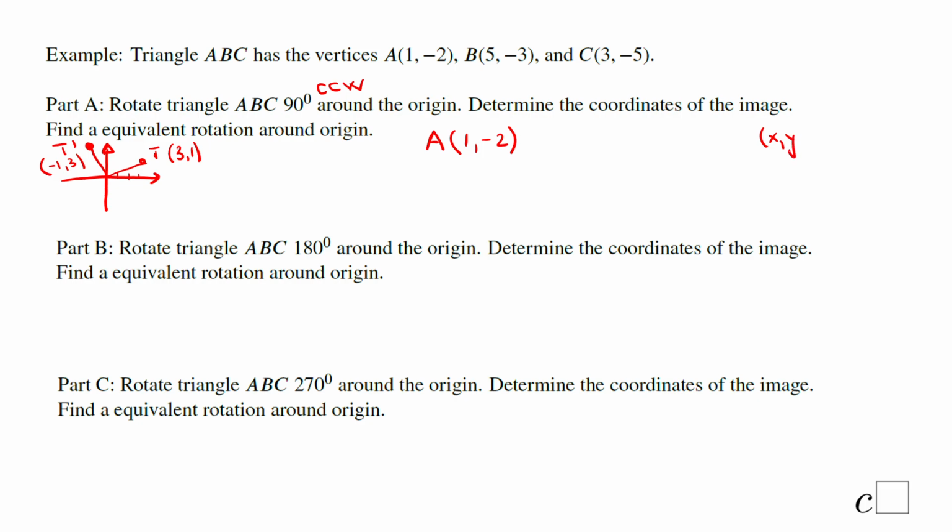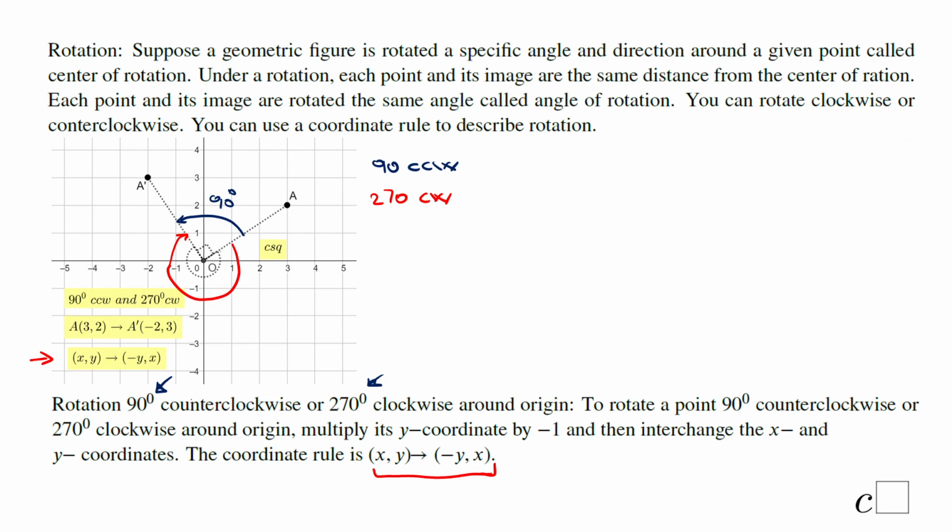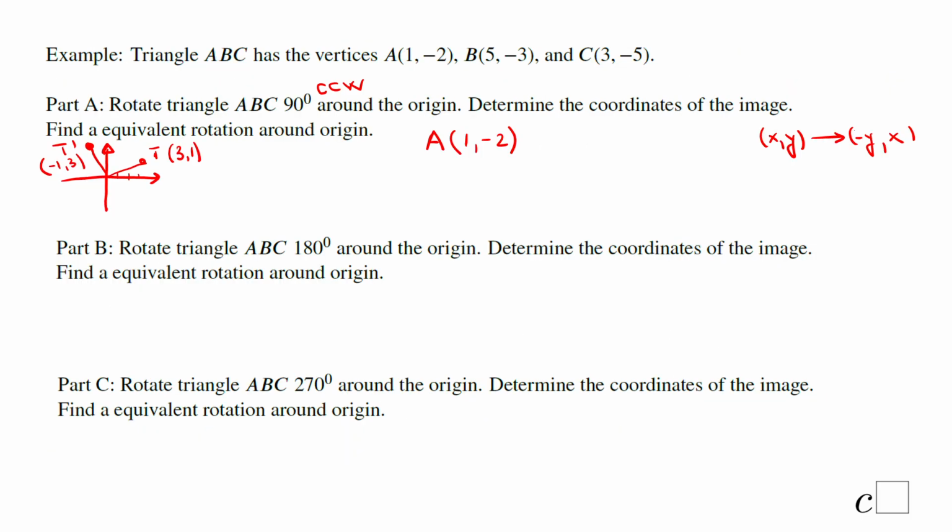X, Y, what do I have to do here? Switch them. So you see how I switch x and y, and then which one changed the sign? If you take a look, the y will be a negative, right? So that's the way I get the rule. The rule was I think right here, right? Yeah, and in case I do not remember.